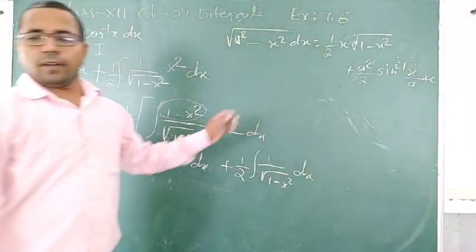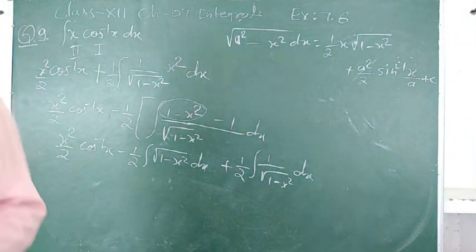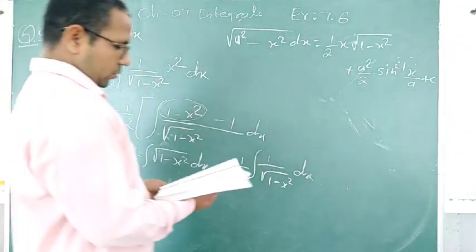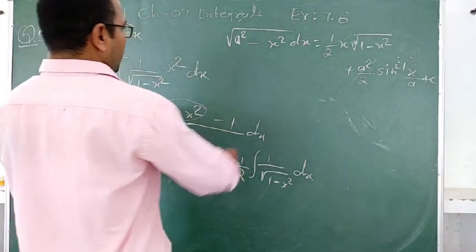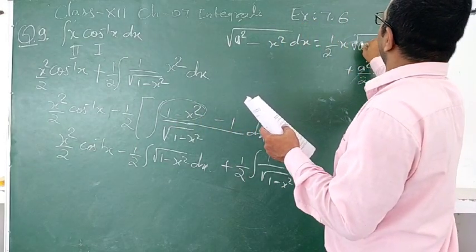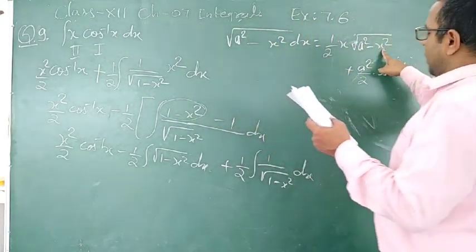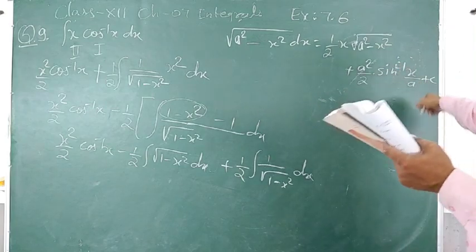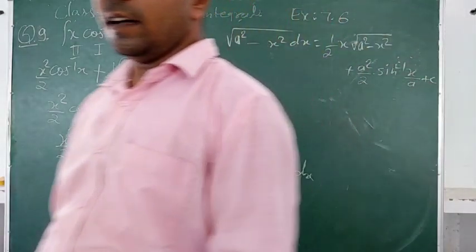This one was the formula, students. So let me check the formula whether it is correct or not. Integral of root a square minus x square dx, 1 by 2 x root a square minus x square and plus a square by 2 sin inverse x by a plus c. So this is the formula, students.